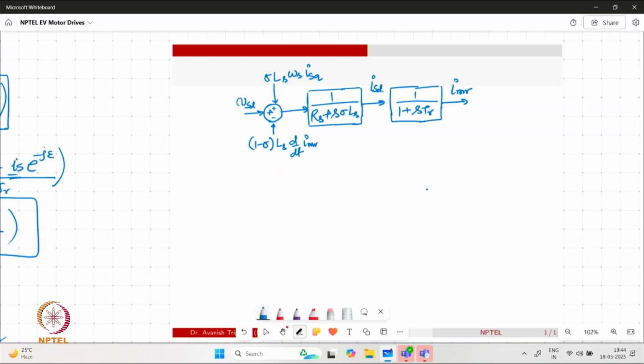On the other hand, we have the Q-axis block diagram.